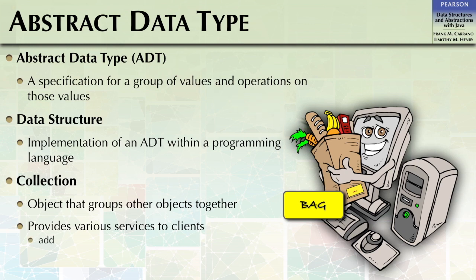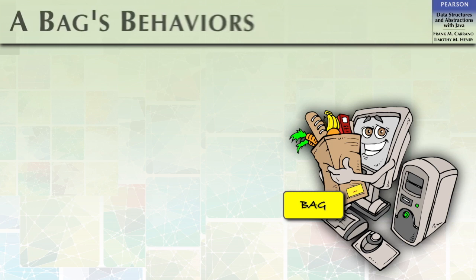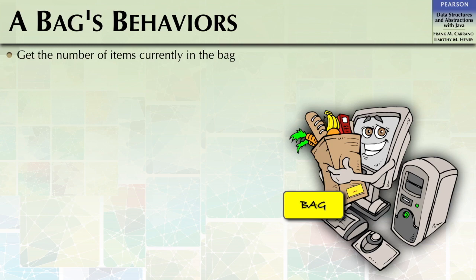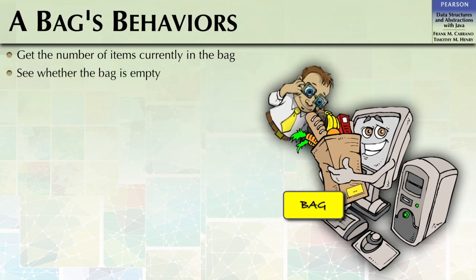A typical collection enables the client to add items, remove or retrieve items, and query the objects it represents. Let's look more closely at the specific behaviors our ADT bag needs. We need to check the bag's status, so we need to get the number of items currently in the bag and see whether the bag is empty.